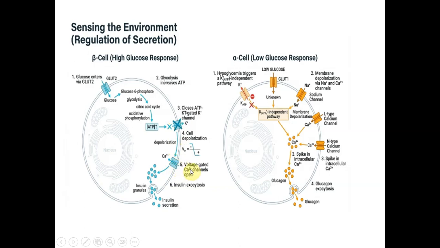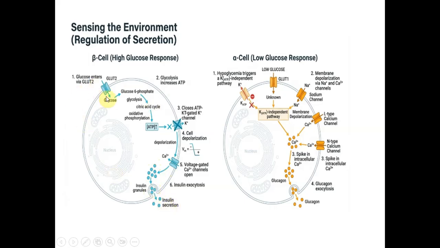And after that, the voltage gated calcium channel opens after depolarization, and then the vesicles that have insulin inside them, by the action of calcium, the insulin granules are secreted by exocytosis into the blood circulation.